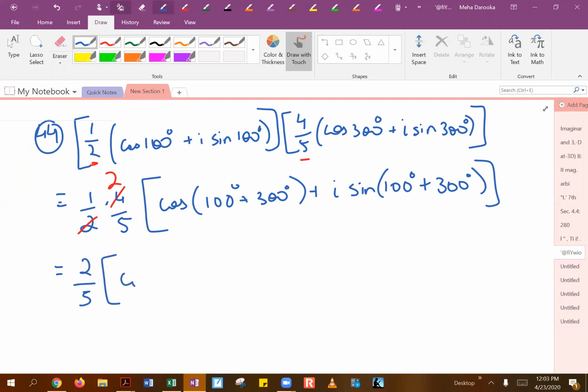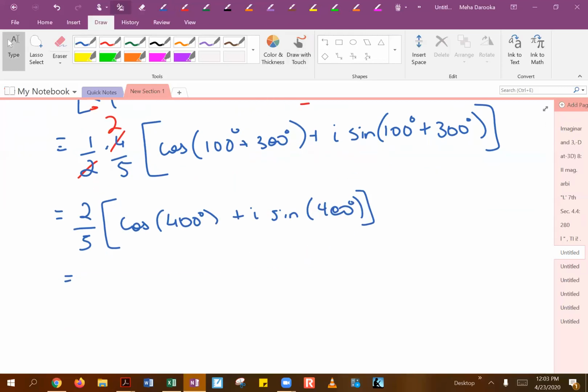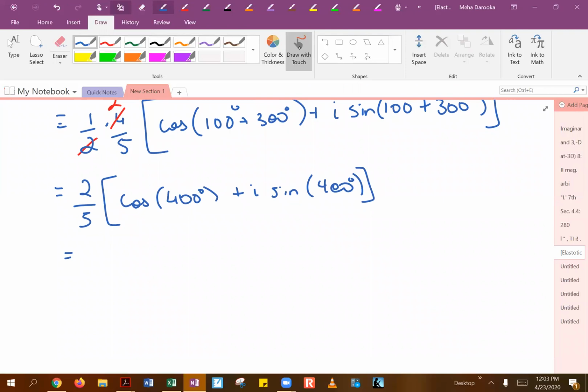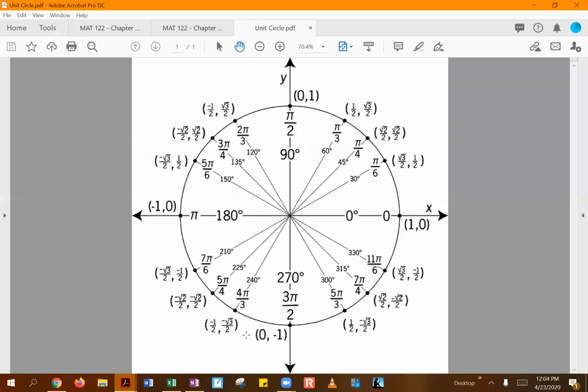And then what happens here with our angles? It becomes cosine of 400. Okay, and since we know 400 is obviously larger than 360 degrees, we can use the idea of coterminal angles. So 400 is equivalent to which angle between 0 and 2 pi or 0 and 360?